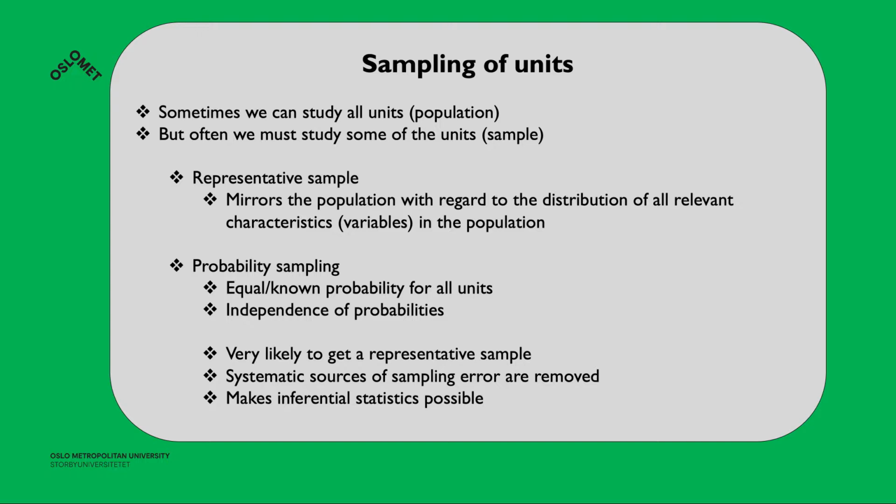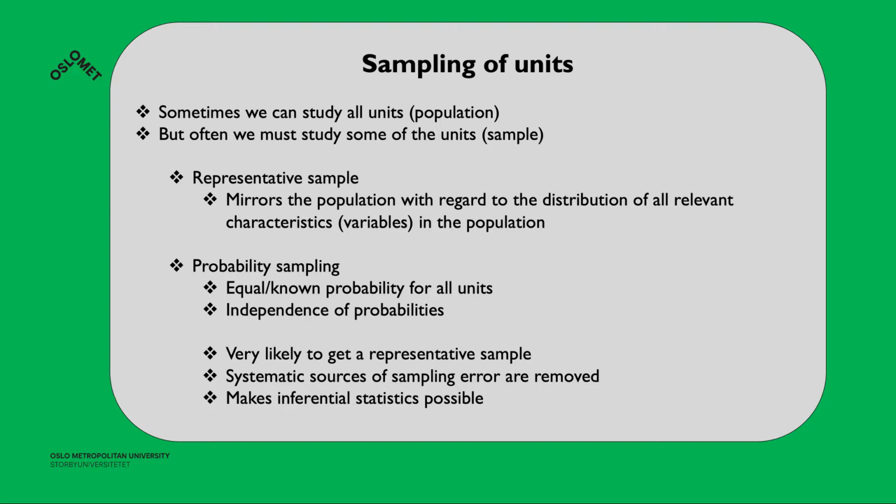So you can just study some units from the population, and that is just a sample. But if we do a sampling of units, we want that sample to be representative. We want it to mirror the population with regard to the distribution of all relevant characteristics, that is, variables in the population.